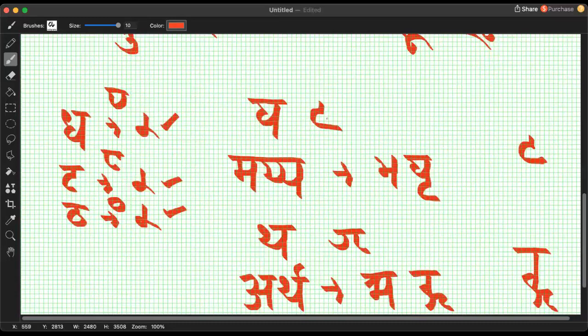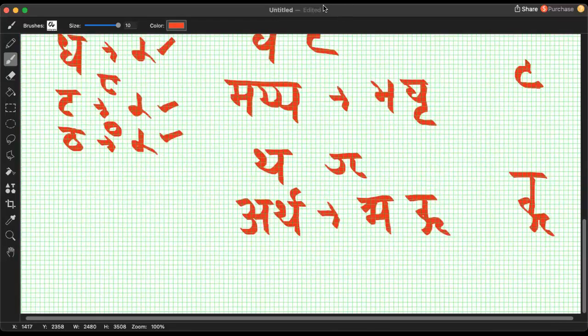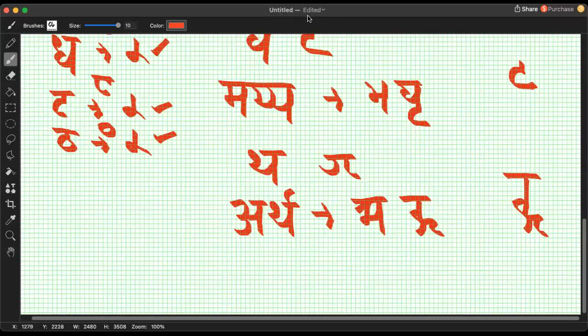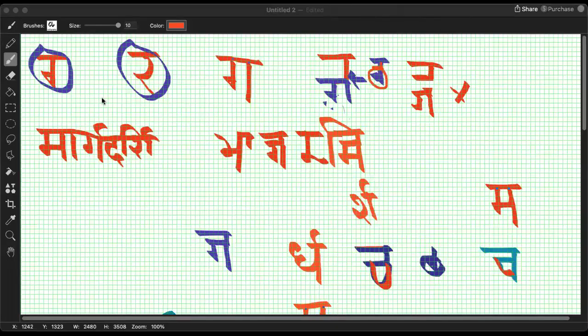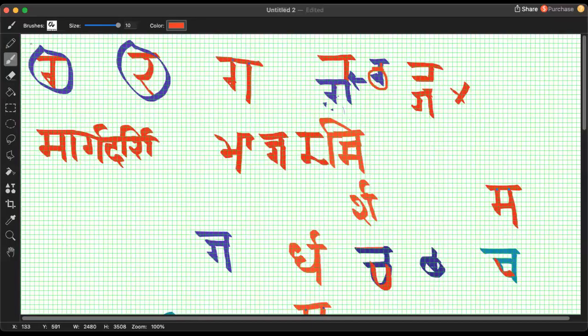Ya and tha is written like this. Then we studied the special rule for category B and Ra matra.